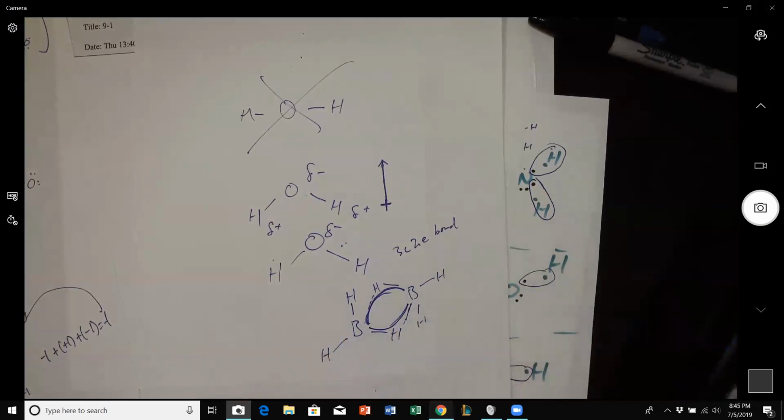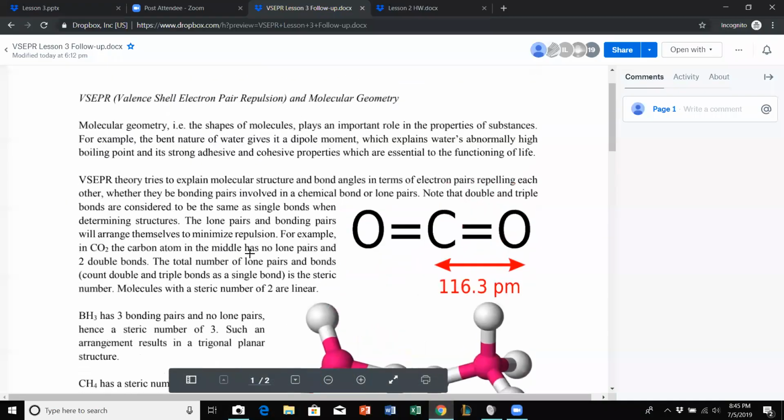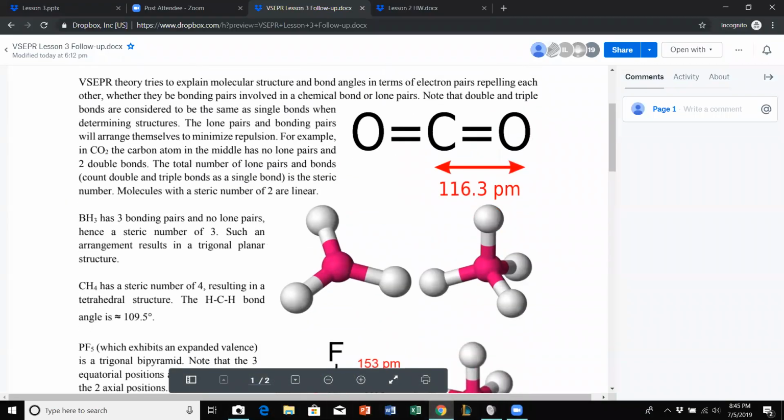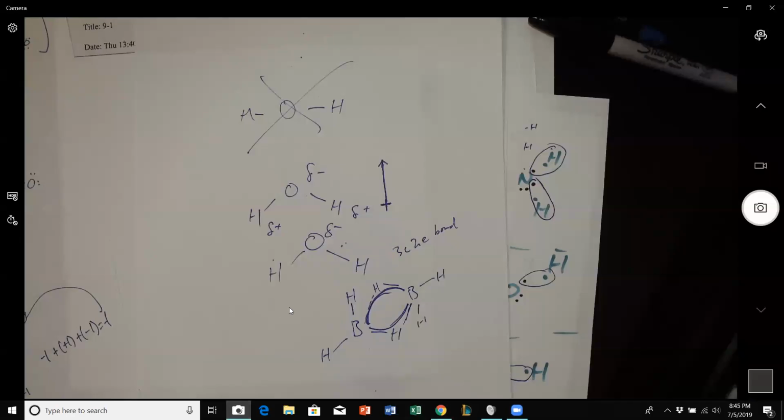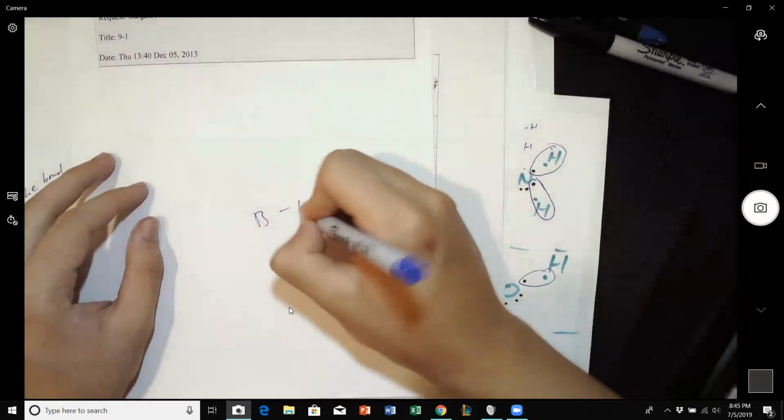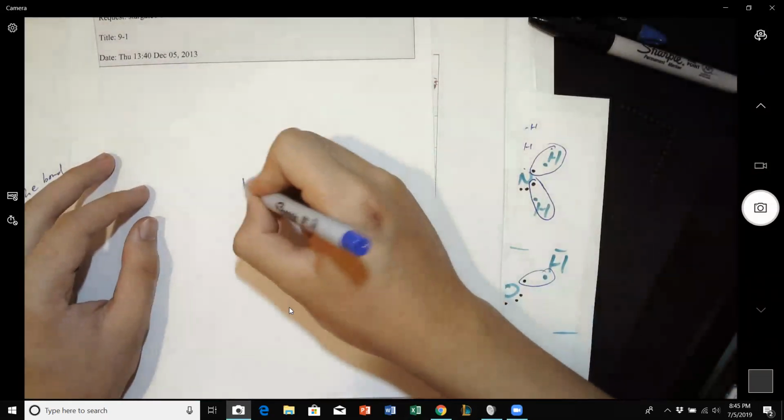Okay. So can someone tell me what the steric number of borane is? Looking at the drawing, what's its steric number? Right, so 3. Exactly.